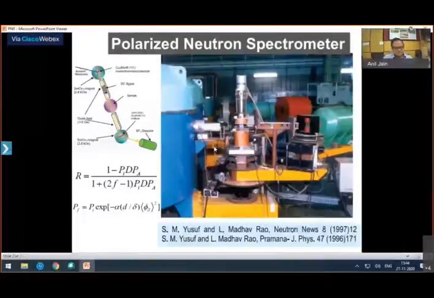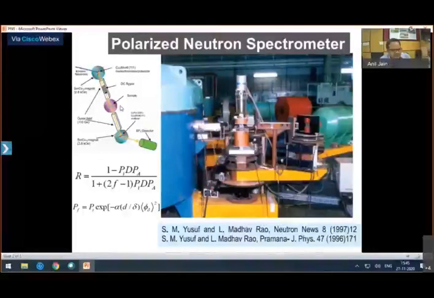Here you can see the incident neutron beam which is unpolarized, and we use this 111 reflection of the Heusler alloy Cu2MnAl to produce the polarized neutron beam, and this is the guide field to keep the neutron beam from losing its polarization.